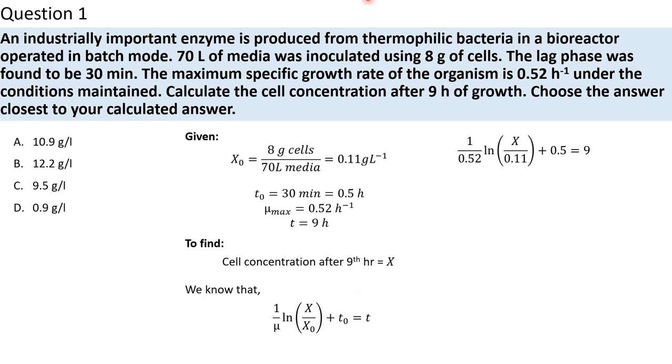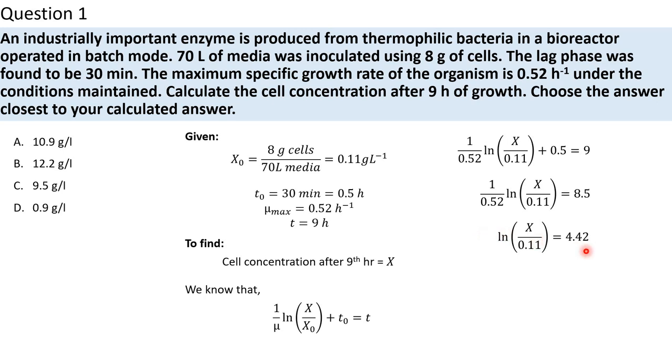First, we take 0.5 to the right hand side, which gives 8.5. What is left is 1 by 0.52, which goes to the right as multiplication. Multiplying 8.5 by 0.52, we get 4.42. If the ln is going from the left side to the right side, it becomes exponential.